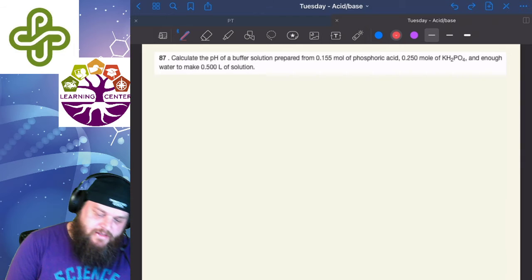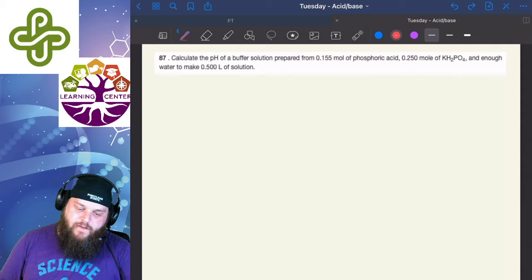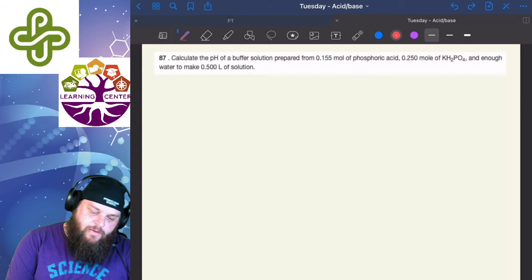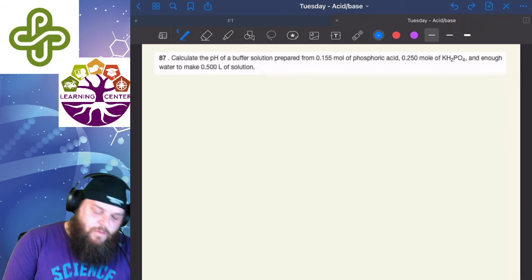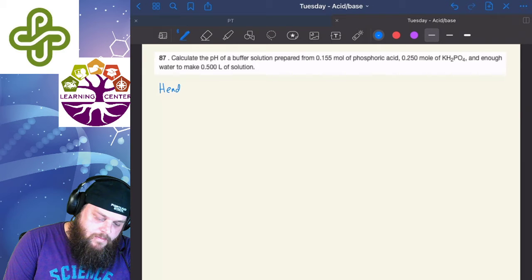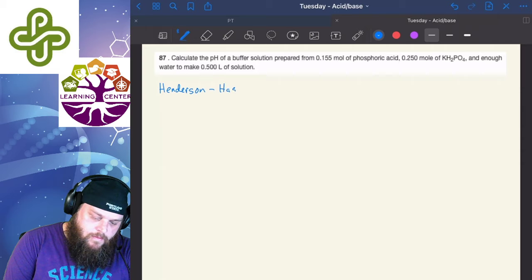To utilize these, here we want to calculate the pH of this buffer solution prepared from 0.155 mole of phosphoric acid and 0.25 mole of KH2PO4 and enough water to make 0.5 liters of solution. So to calculate these buffers, we use the Henderson-Hasselbalch equation.